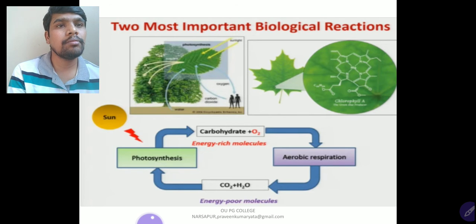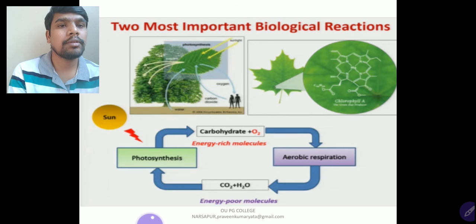And the two most important biological reactions, we already know, are respiration and photosynthesis. In respiration, oxygen is gained and CO2 is released. In the photosynthesis reaction, by using carbon dioxide they give oxygen and glucose.